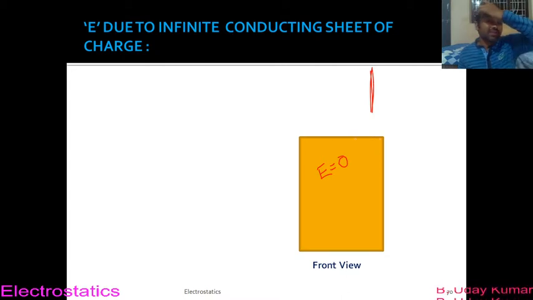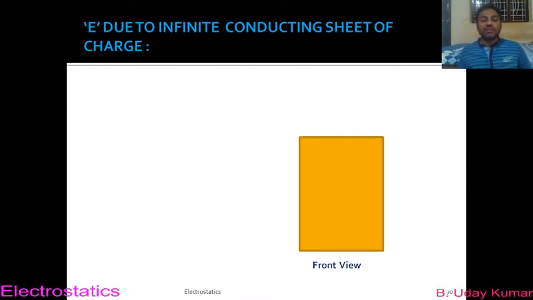But actually it is very very small, so please check it out. So I am erasing it. So fine, this is the conducting sheet. There is no charge present on this sheet right now. So it's a conducting sheet whose thickness is very very small, but drawn in bigger size to make it clear to you. That's it.